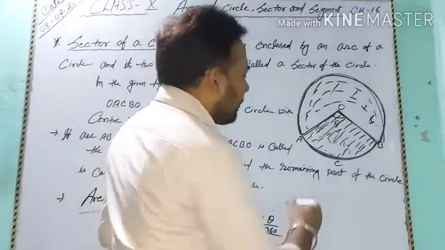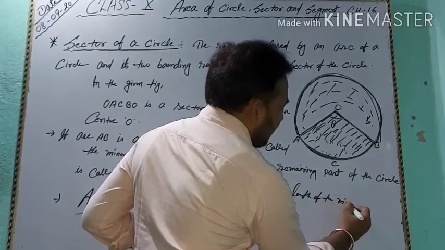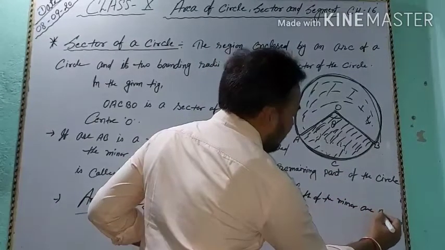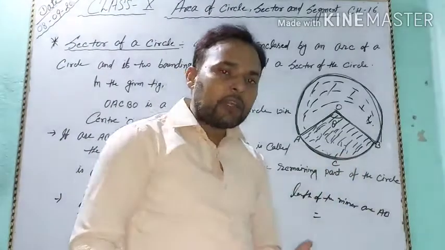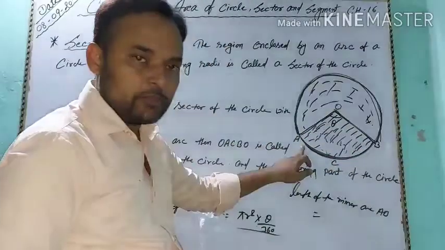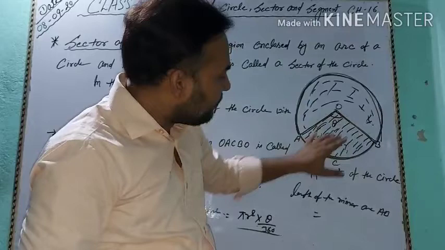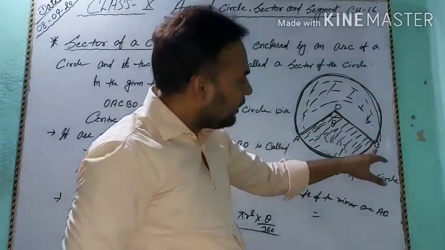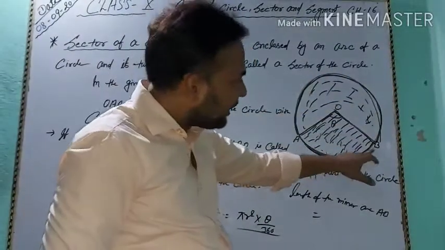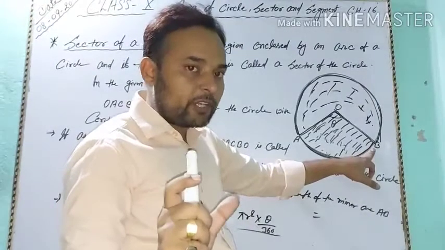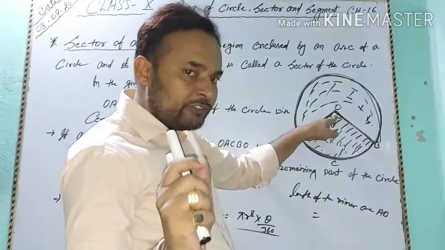So if we want the length of the minor arc AB, what is an arc? Arc is the part of a circumference, just as a sector is the part of a circle. So the complete circumference of the circle is 2 pi r. 2 pi r is the circumference of the circle. So how many degrees of angle does 2 pi r make at our center? It makes an angle of 360 degrees.